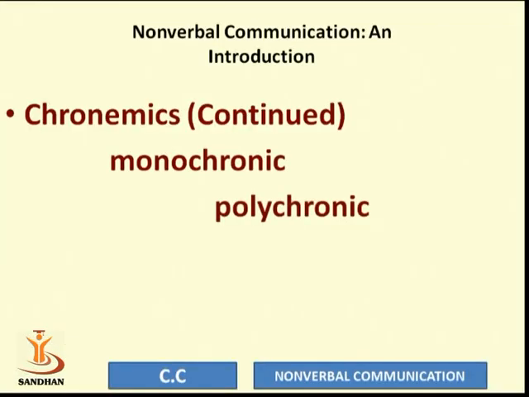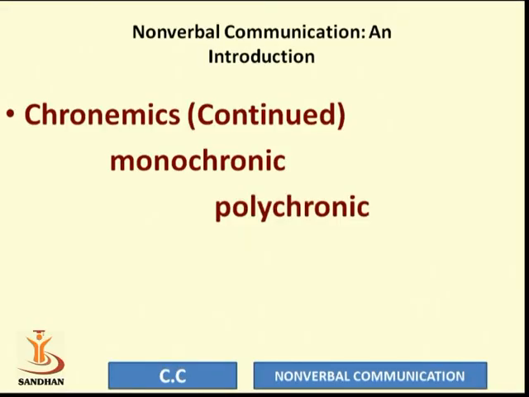There are two types of people. Some people are monochronic and some people are polychronic. That is to say, some people like to do one work at a time, and they are very monochronic in nature. They would finish that work and then they will proceed further. Some people like to do several works together, and they become very efficient if there are more works, and they are actually polychronic people.